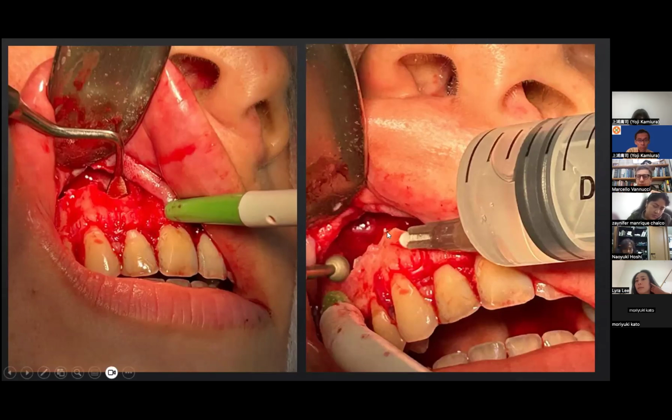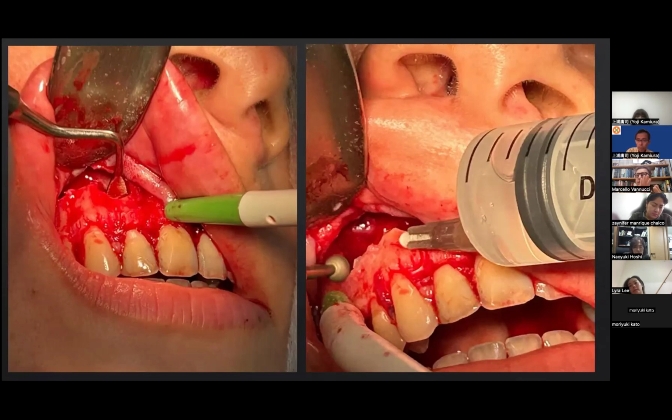Besides removing it, we did an apicoectomy on the lateral incisor and removed all the apical material from the previous root canal treatment of the other teeth. So the difficulty here is on the palatine side, where you have the teeth and the other part of the lesion that comes and involves the palatine side.